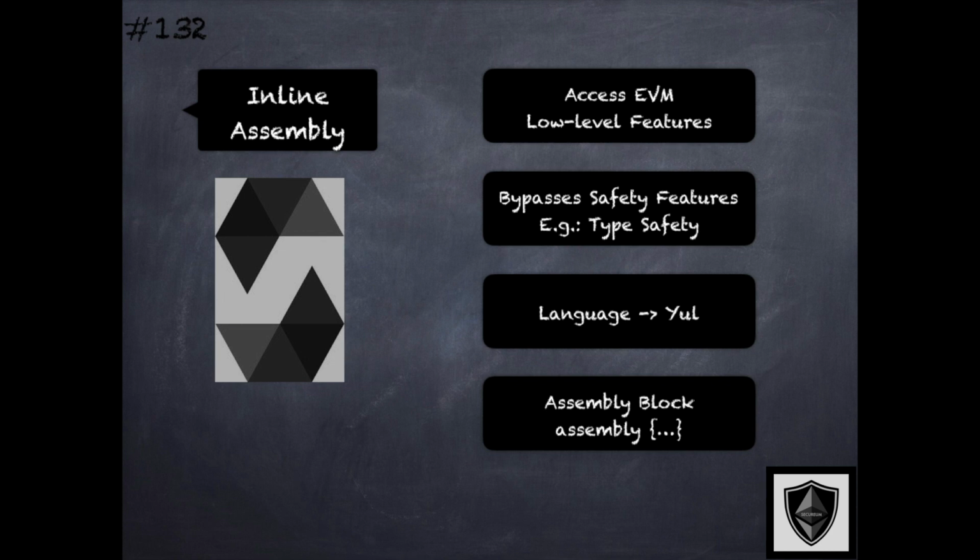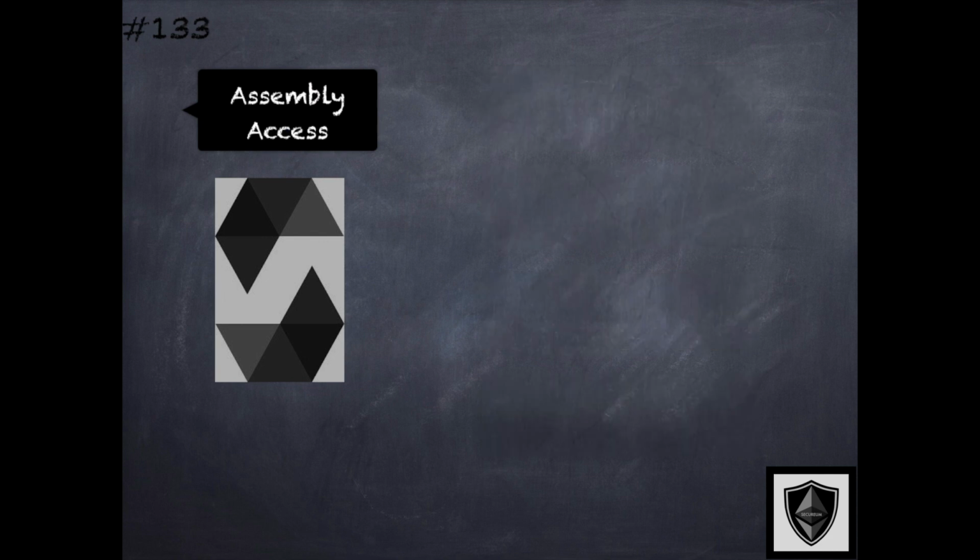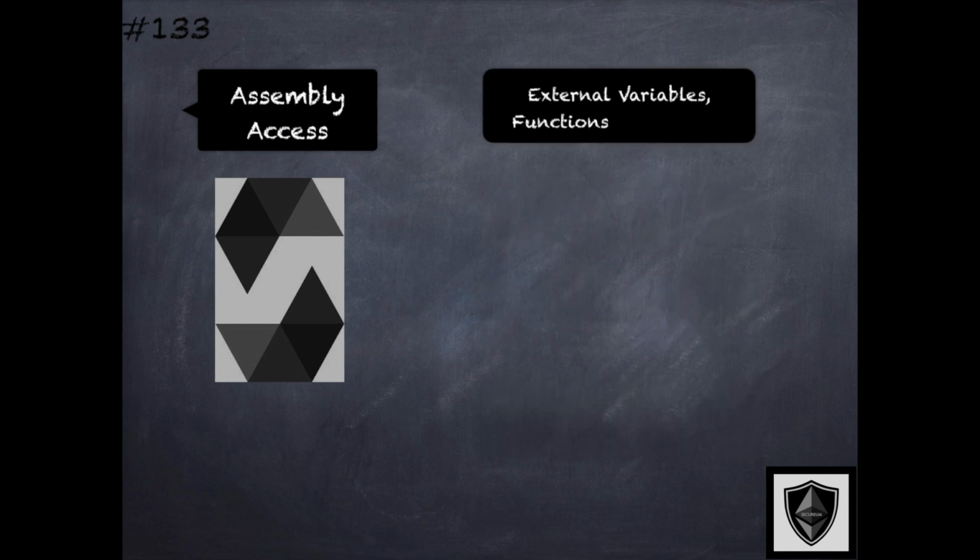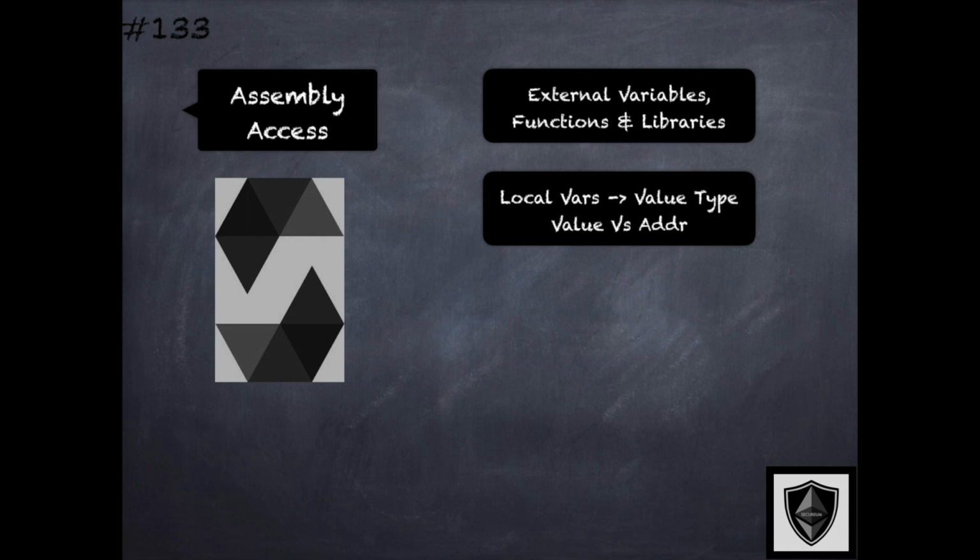Let's now take a look at some of the features supported by the Yul language. Yul supports assembly access to various features such as external variables, functions, and libraries. Local variables of value type are directly usable in inline assembly. And local variables that refer to memory or call data evaluate to the variable address and not the value itself, effectively serving as a reference.